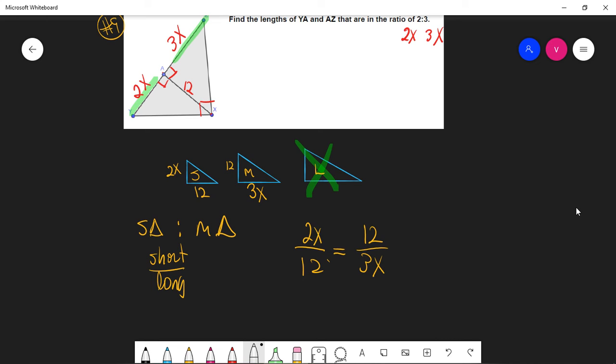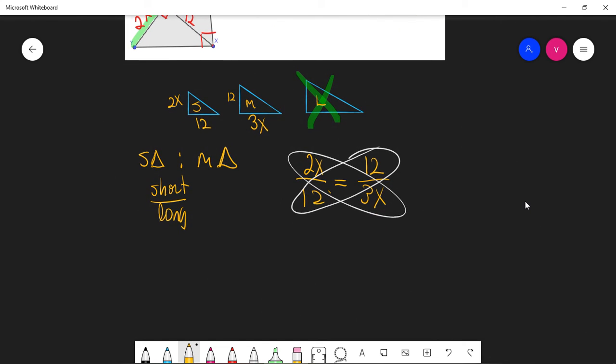Short leg over long leg equals short leg over long leg. Okay, do your cross multiply. So you get 12 times 12 is equal to 2x times 3x.